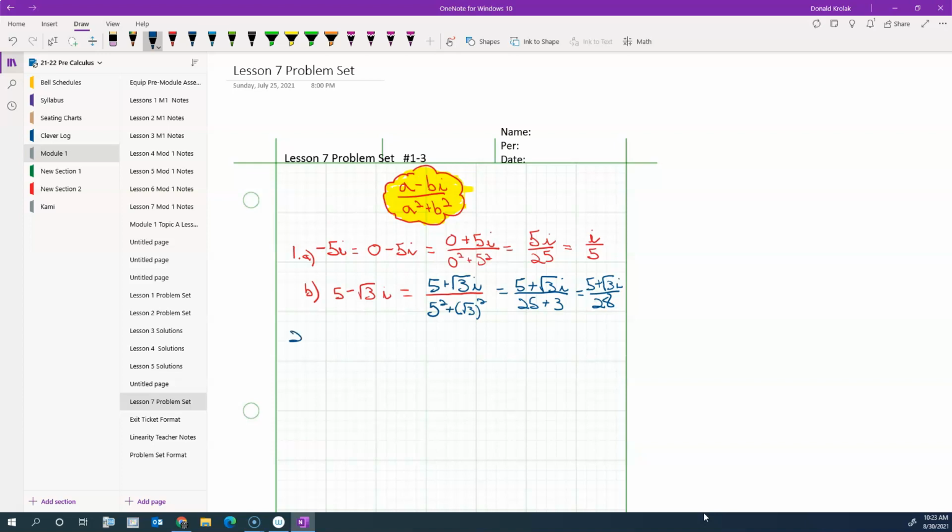Okay, and then part 2, you just have all these different ones that you're doing conjugates for. A, B, C. Let's take a look at C. Root 3 minus i over 4.